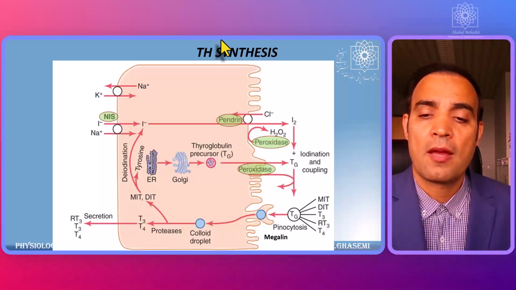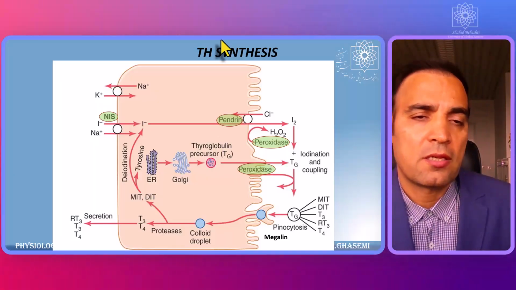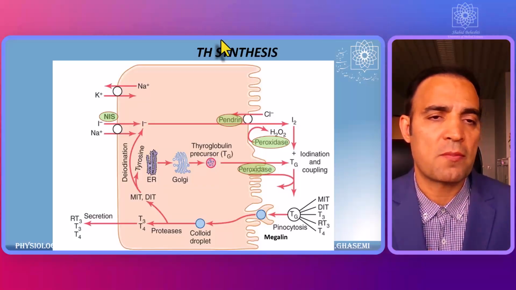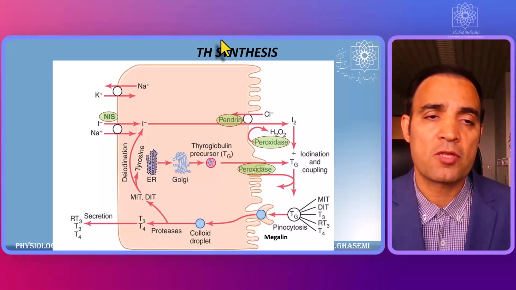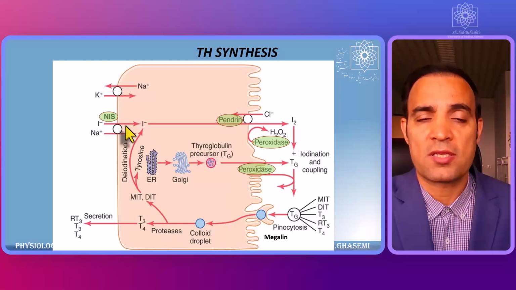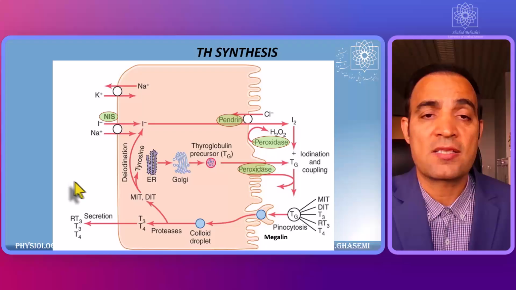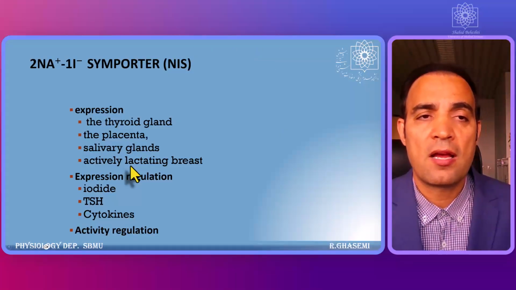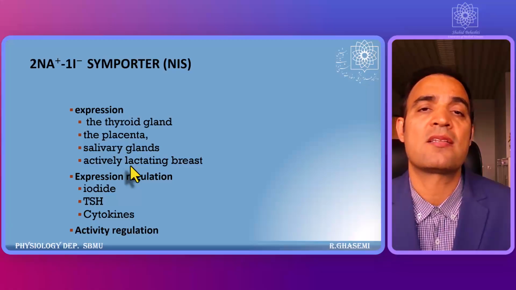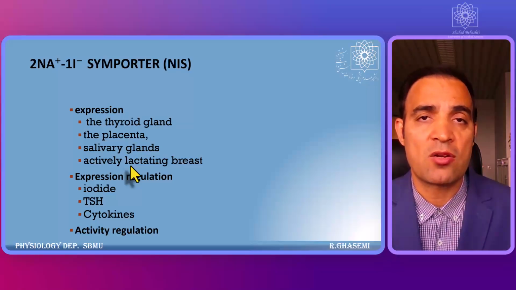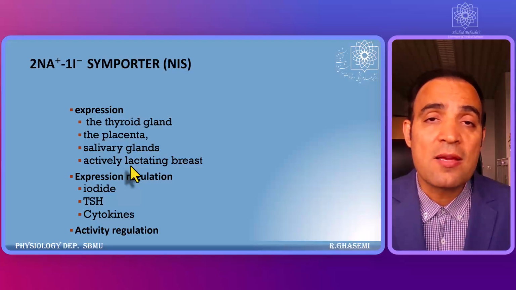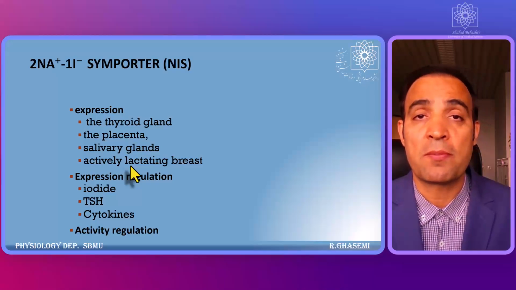As I told you, the process of iodide uptake takes place by a symporter named the sodium iodide symporter. This symporter is extremely important. Except for the thyroid gland, where it is expressed in high quantity, the same symporter is also found in the placenta.